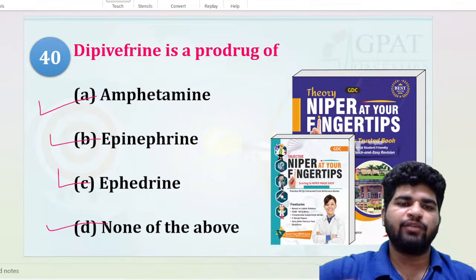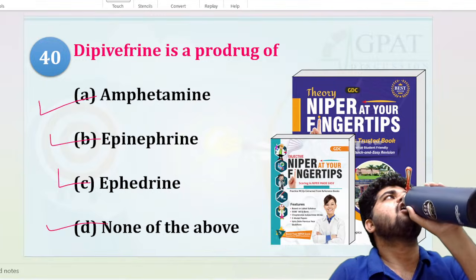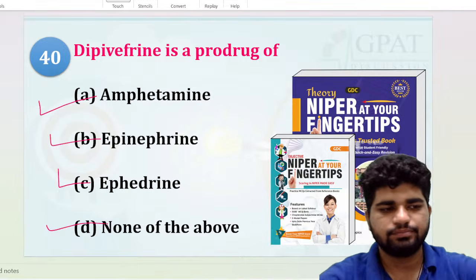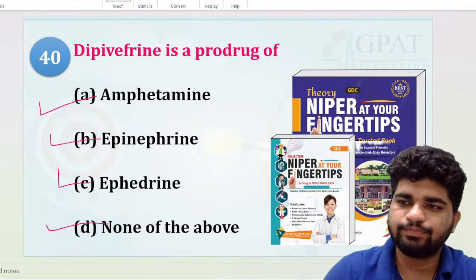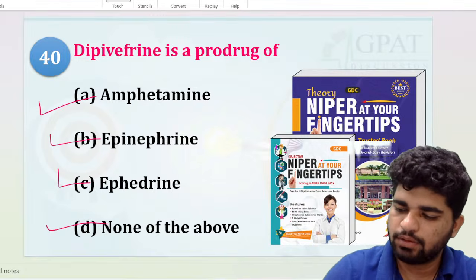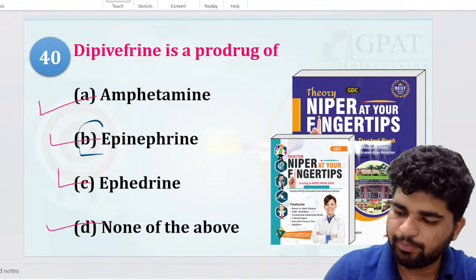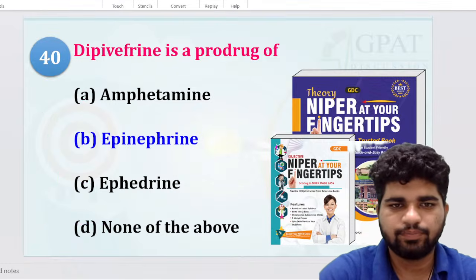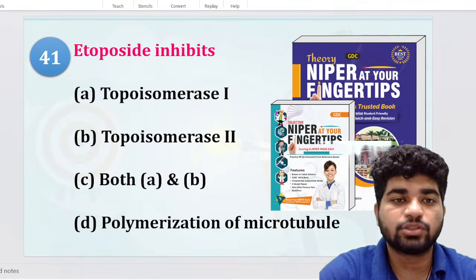Dipivefrin is a prodrug of epinephrine, right? Epinephrine is also known as adrenaline, right? Simple. Epinephrine and adrenaline.